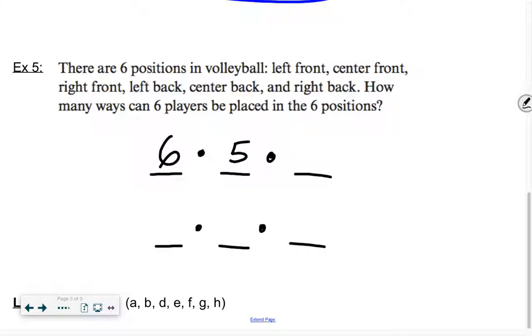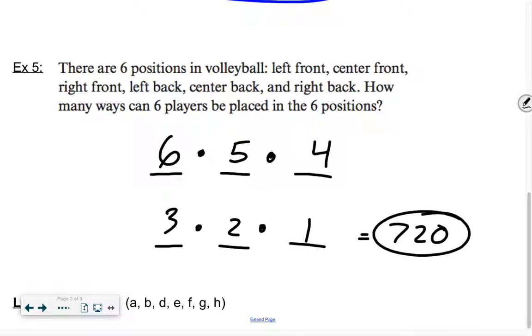And once we choose one there, we've chosen 2 players, so now we're down to 4, 3, 2, and then eventually we're down to our last player for that last position. If you multiply all these together, it seems like a lot, but there are 720 different ways that we can rearrange 6 players onto the court.